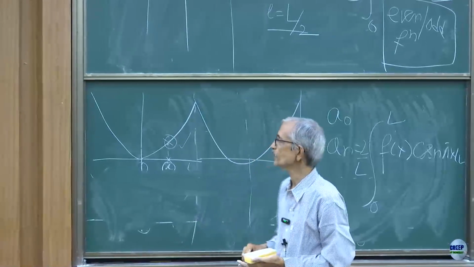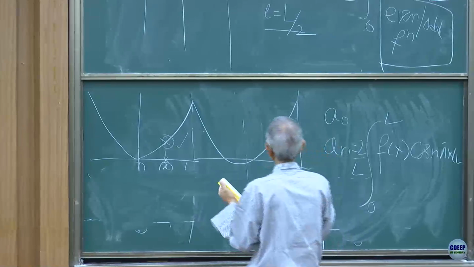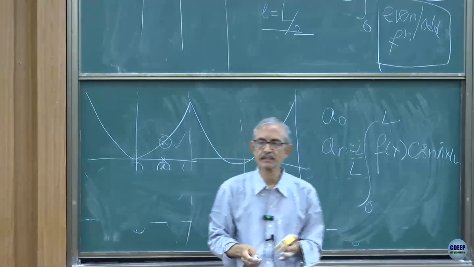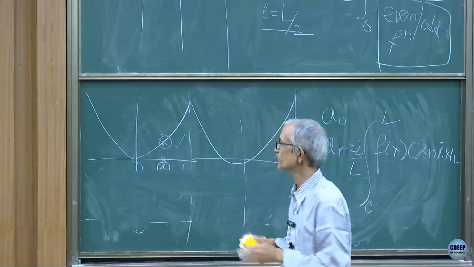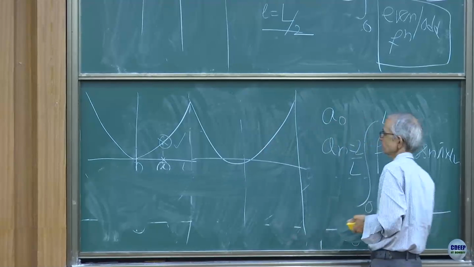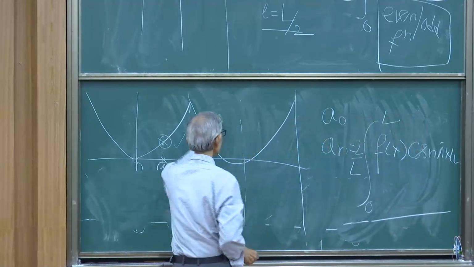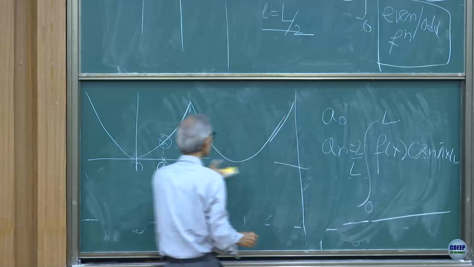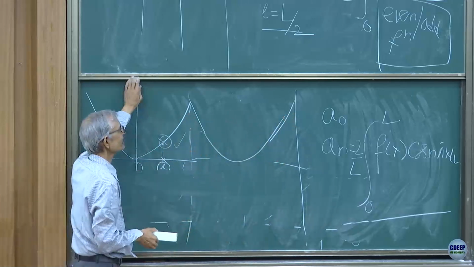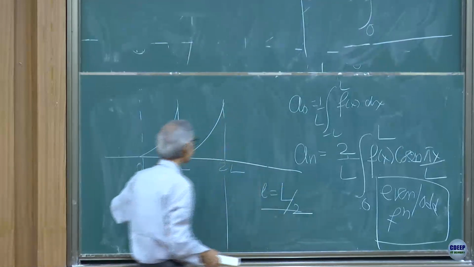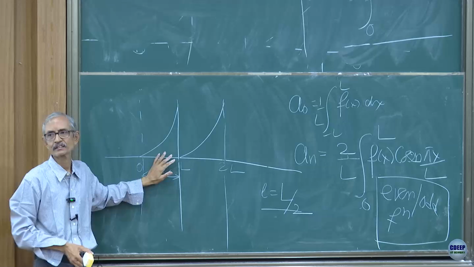So when you represent functions in the Fourier series, you have to be a little bit careful. If you are using this type of formulation, this is what you are going to be getting.